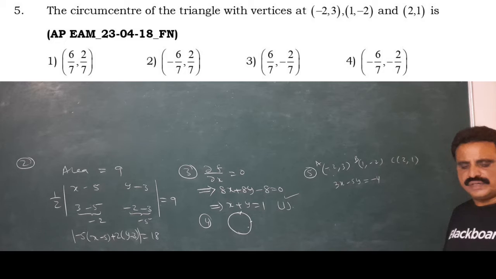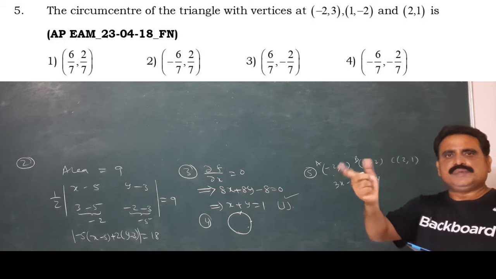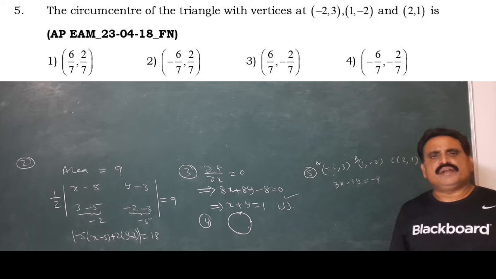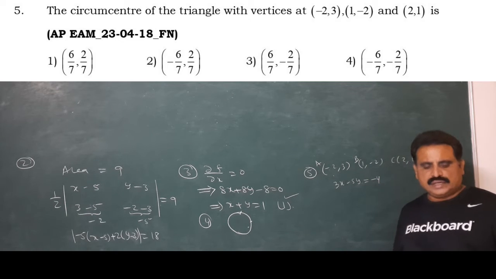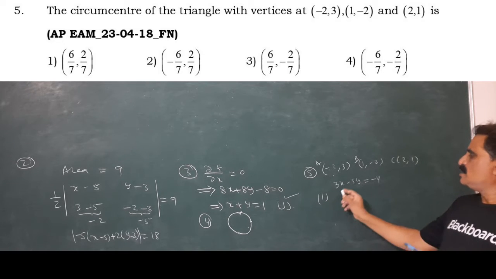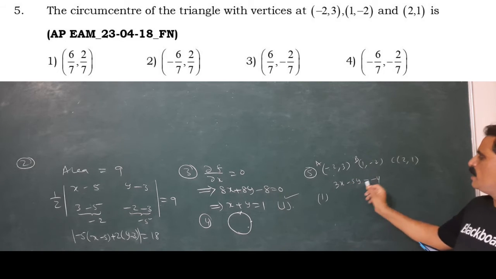Which option satisfies? Earlier we discussed that the points are generally given as alpha beta, minus alpha beta, alpha minus beta, minus alpha minus beta. If that type of points are given, only one point satisfies the line. Let us verify that. First option is 6 by 7, 2 by 7. Check that: 18 minus 10, 8 by 7, equal to minus 4?